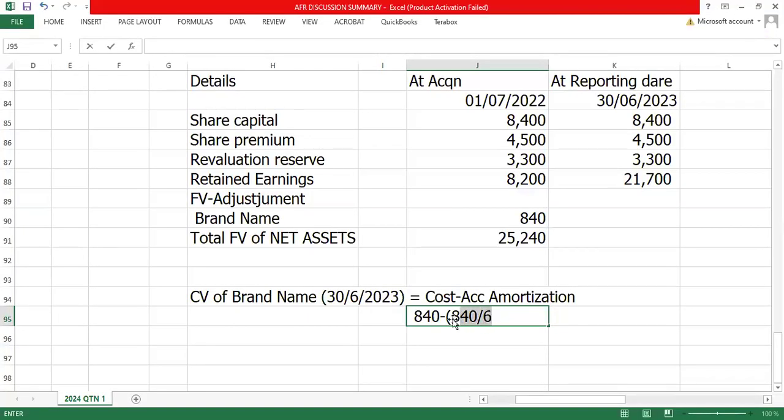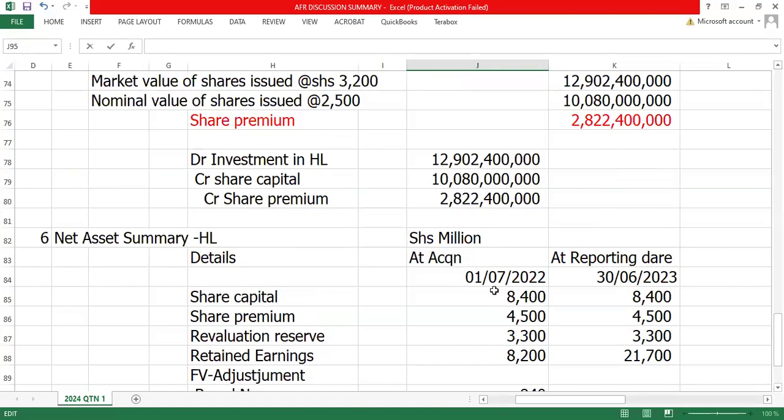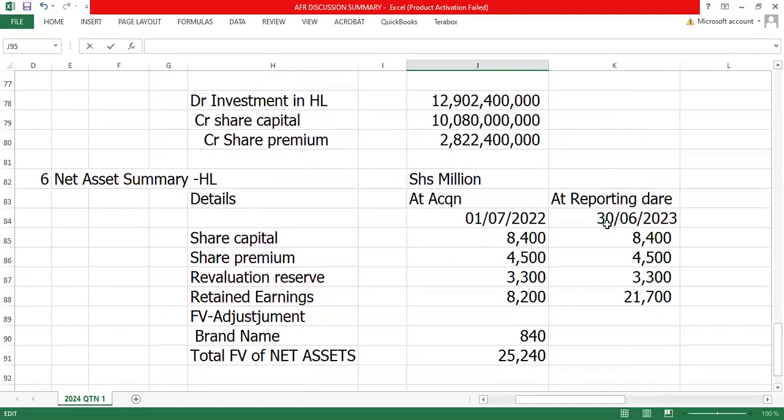So when I get 840 divided by 6, I'm getting just the amortization expense for each year. But I want the accumulated. By this date, this brand name has been amortized for how many years? It is only one year, because I acquired it on 1st July and I'm preparing this on 30th June.